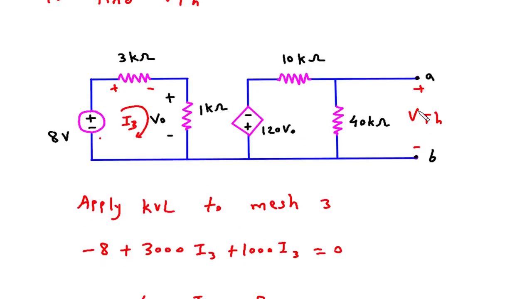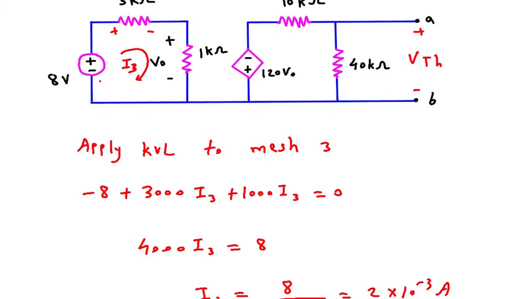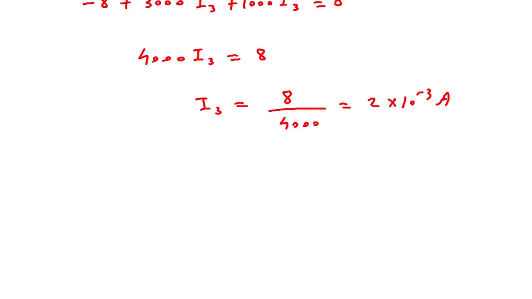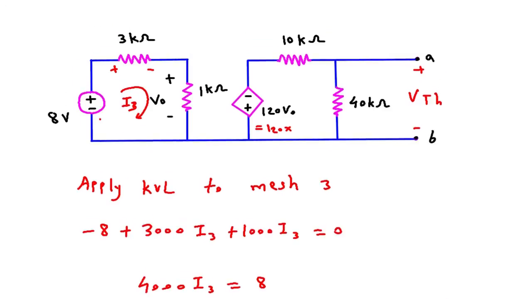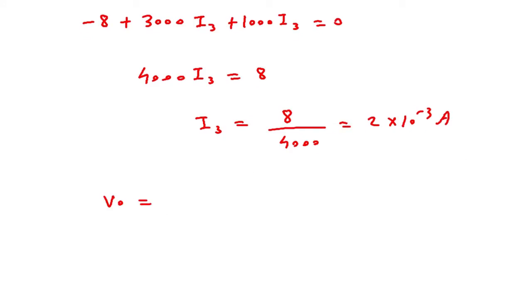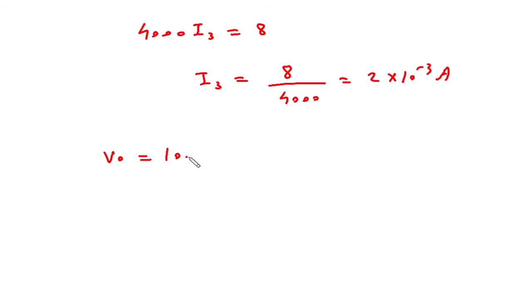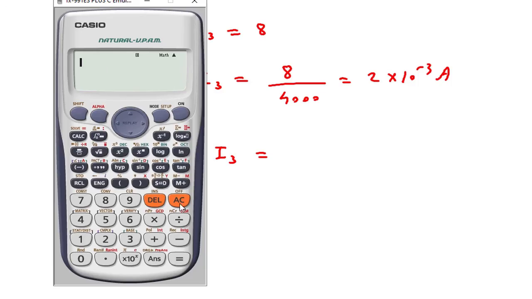We have to find VTH. So VTH is equal to the voltage across this 40 kilo ohm. Now we have the value of VO. So this will be 120 into VO. VO is equal to 1000 into I3.